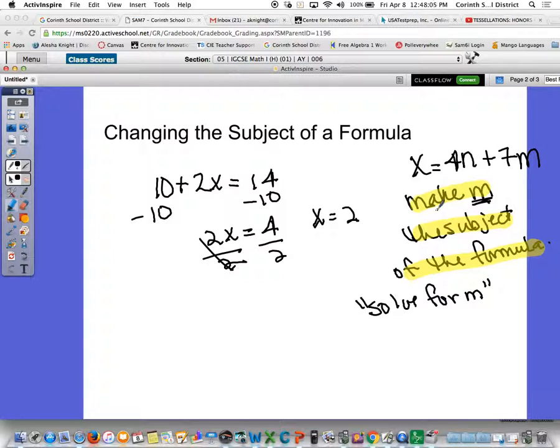So what we've got to do is, what are we solving for again? M. So we need to get all the non-m terms together. So what are my non-m terms up here? X and 4n. So I want those on one side. I got to get those together. So what am I going to move?